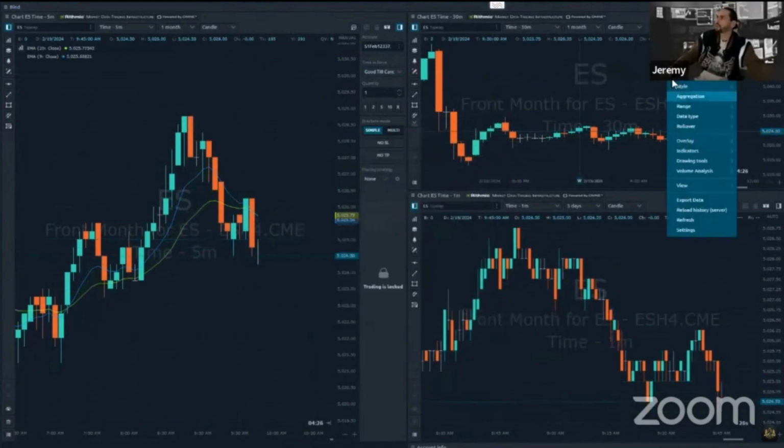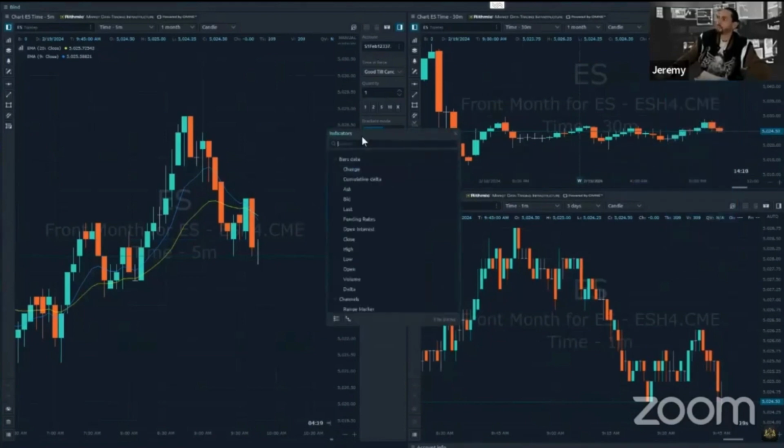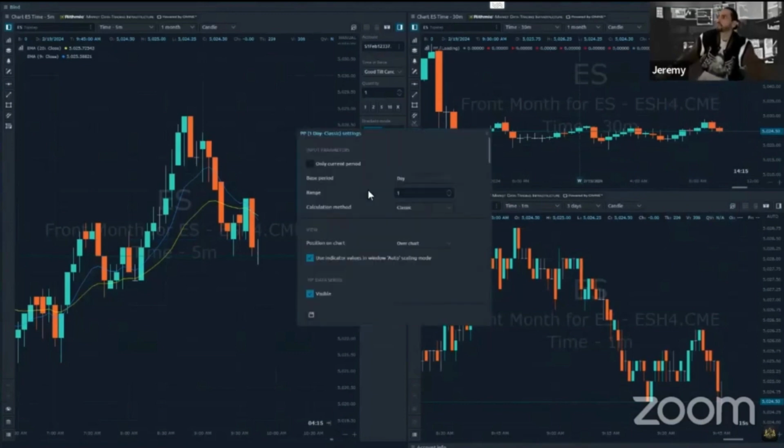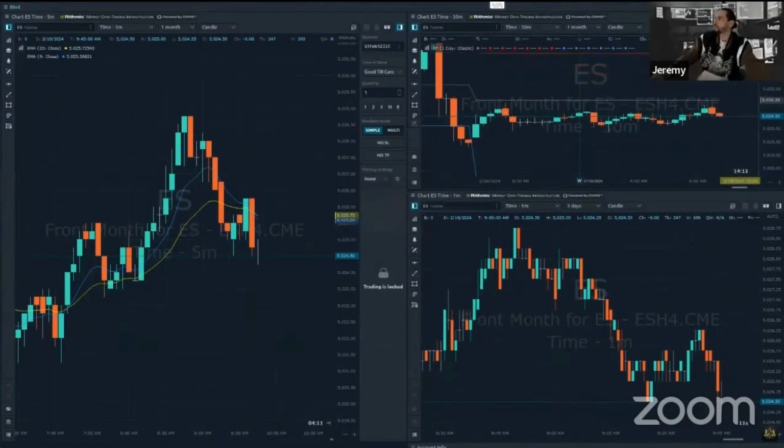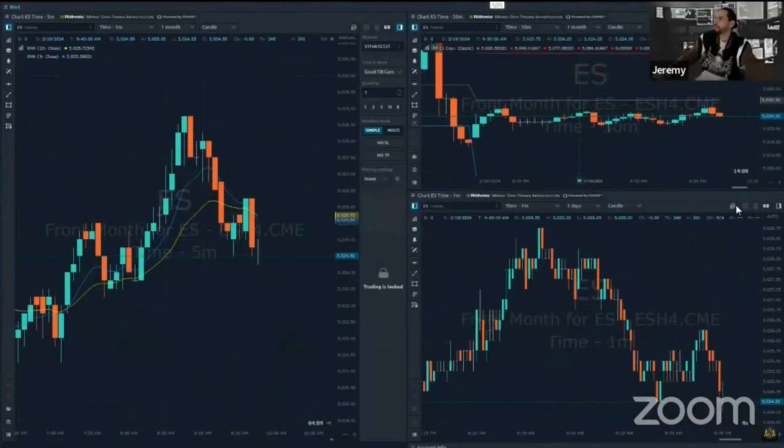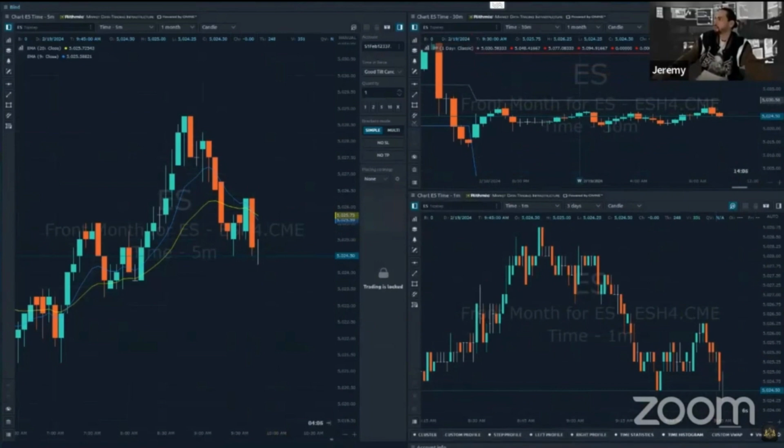Okay, and then on the 30-minute, I'll put the pivot points, just in case I'm not looking at it and it comes to a pivot point. And then on the 1 minute, I'll run volume profiles. I like time and sales.